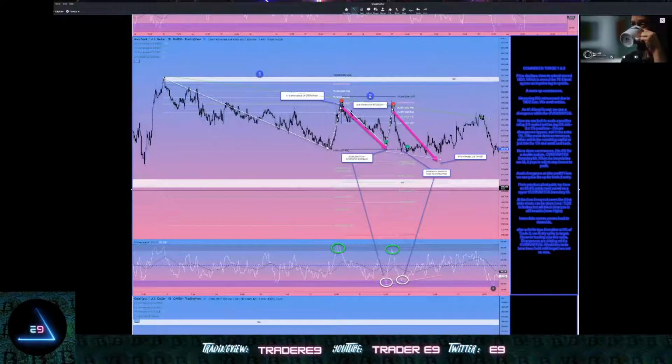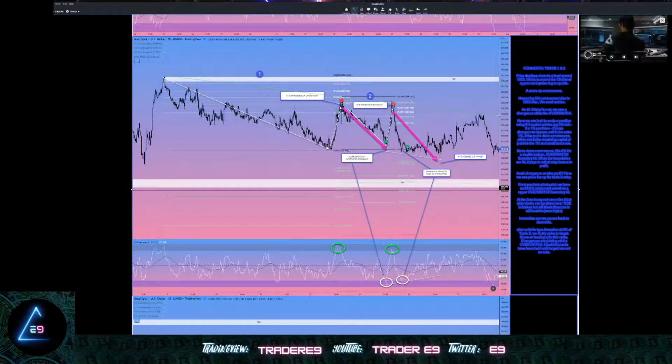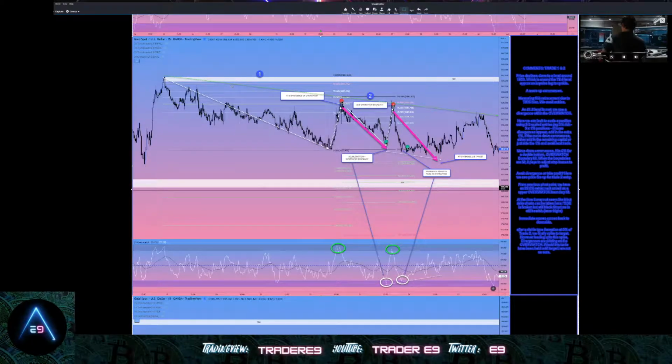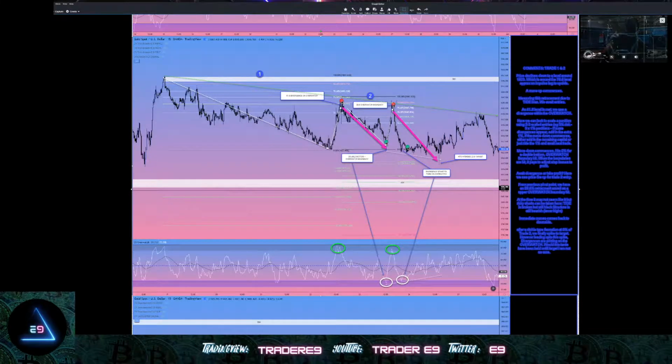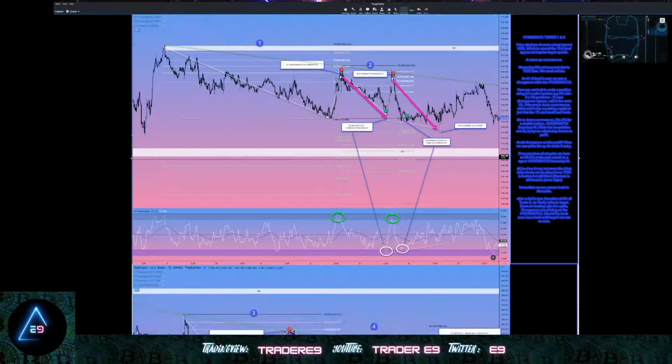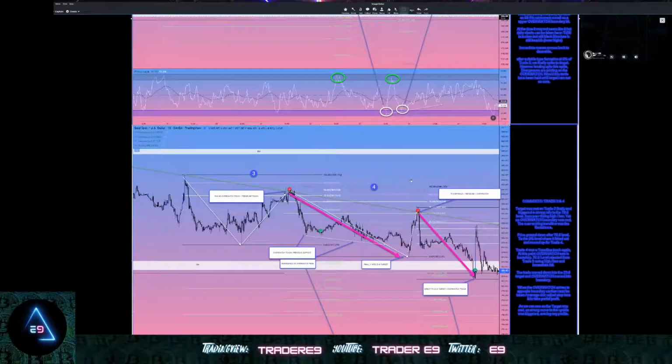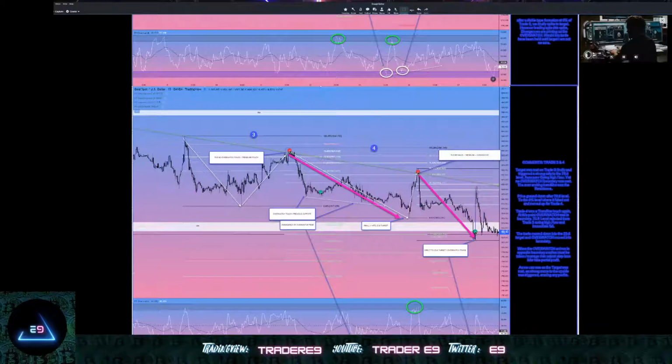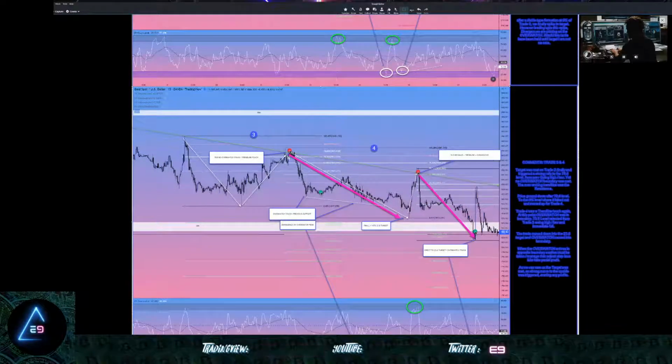So right there, let's take it to the wick. Got wick here, entry there. So let's just go down to this point. This is trade 3, so the move down, move back up.